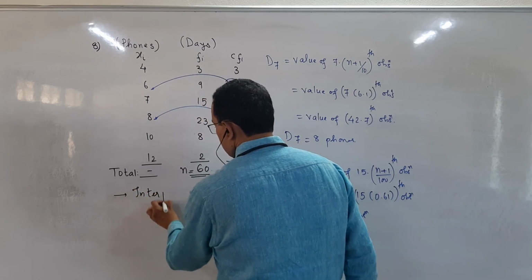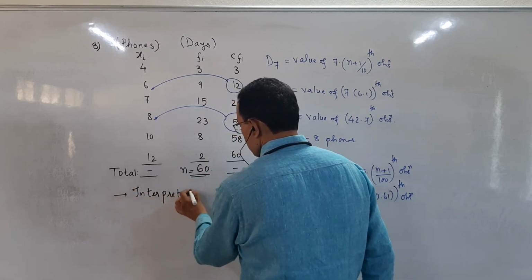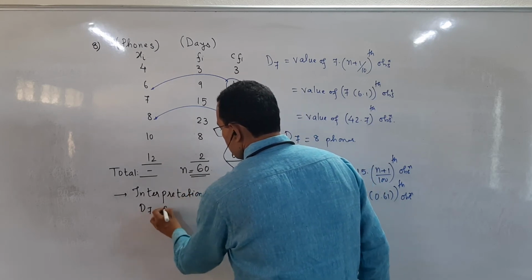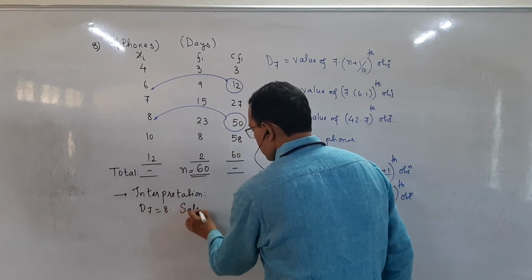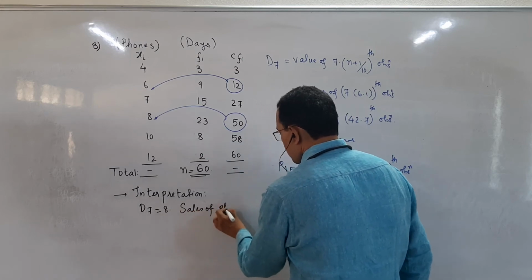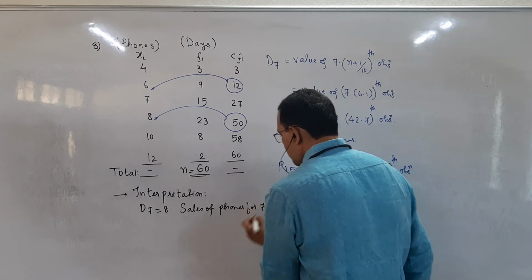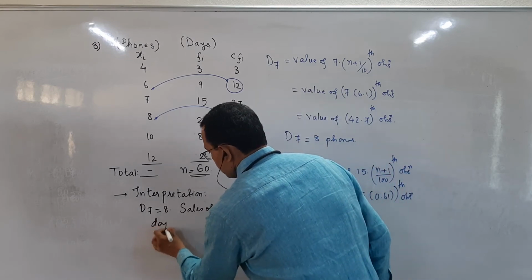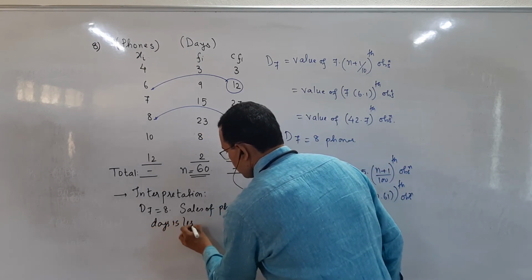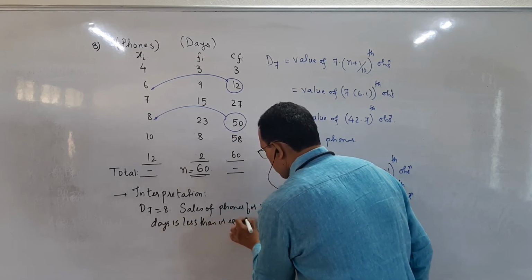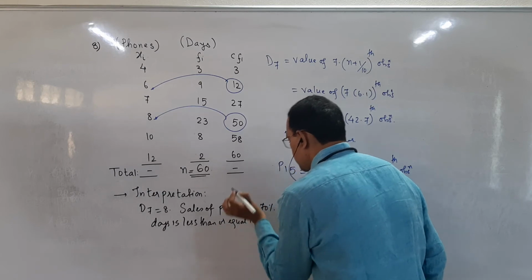Interpretation. D7 is equal to 8. Therefore, sales of phones for 70% of the days is less than or equal to 8.